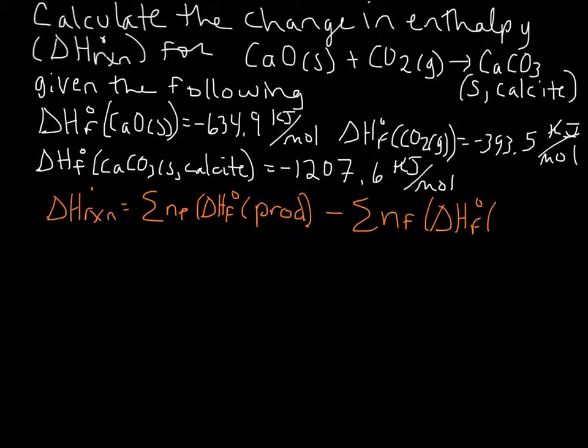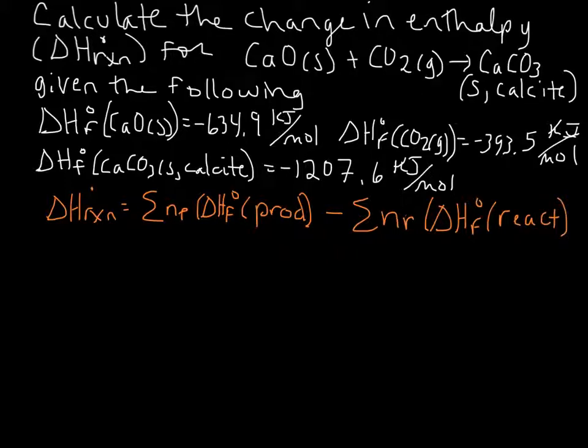Okay, we're going to take the moles of each reactant. Oops, I have an F there instead of an R. So we're going to take the moles of each reactant and multiply it by the standard enthalpy of formation for each reactant. Okay. All right, so that's our basic equation.